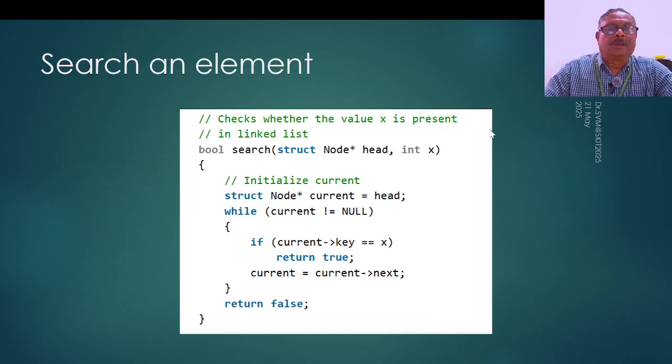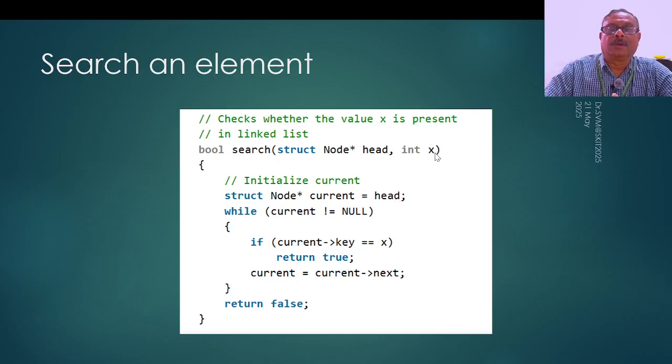What we are looking for in the search is that we begin from the head. We define a pointer to a node which we call current, and currently we are pointing to the head of the linked list.